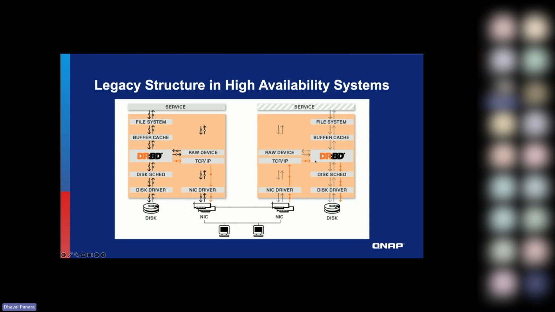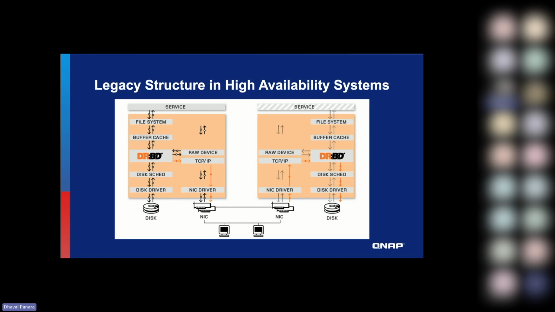Because this replication happens at the block level, the system does not understand what files are being replicated. It just handles raw data, which can lead to inefficiencies or complexity, especially during recovery or failover. While this setup provides redundancy, it is considered a legacy system today because it lacks file system awareness.